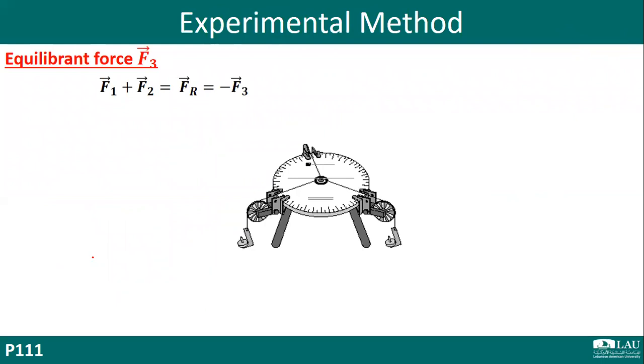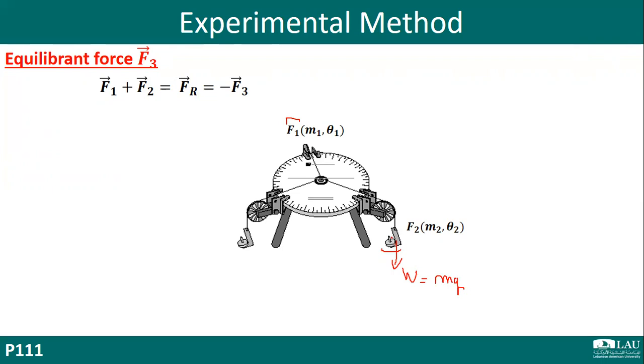So we are going to find the third angle. As you can see here, it's a representation of the force table. Mainly we have F1. To apply a force here, we add a hanging mass. Why a hanging mass? Because we are applying a weight, and we know the weight is equal to mg.